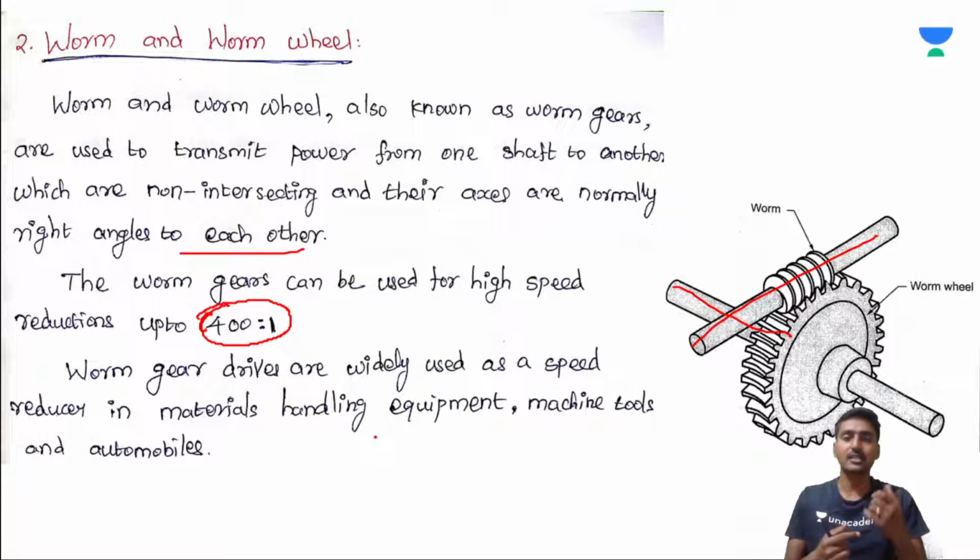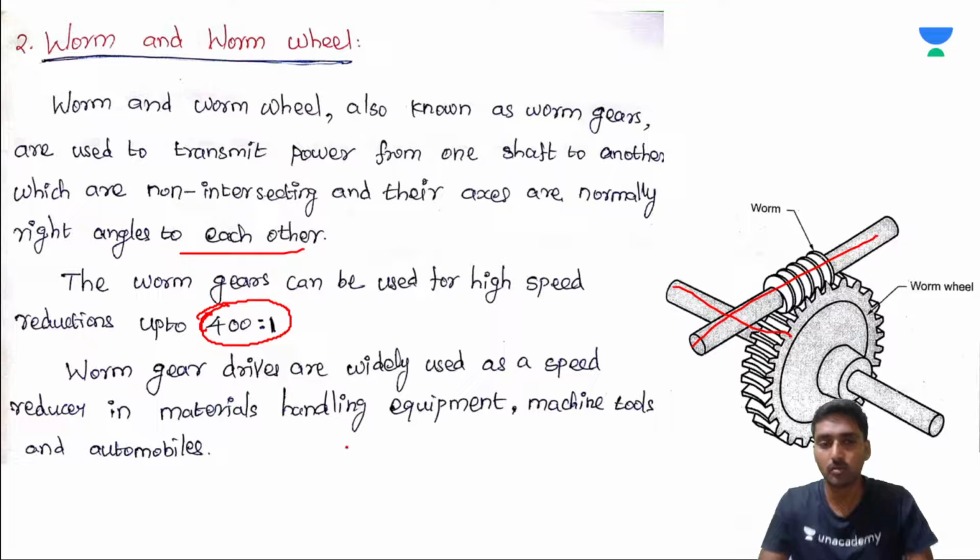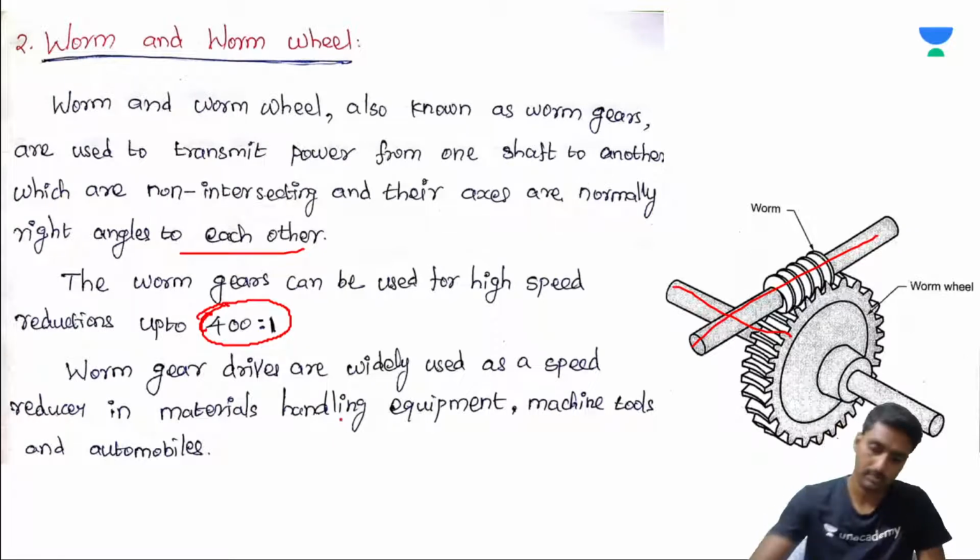But the motor or other rotating elements it is connected to run at very high speed. So for example 400 RPM to 1 RPM, we need to use the worm and worm wheel in order to attain up to the maximum. We can take 100:1, 200:1, or 20:1, whatever it may be, but 400:1 is possible through the worm and worm wheel.